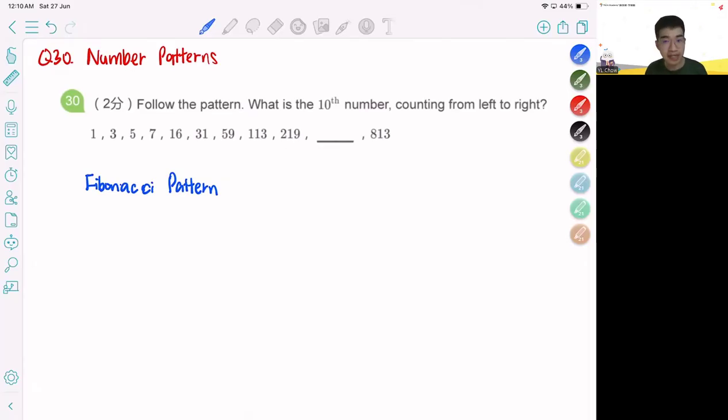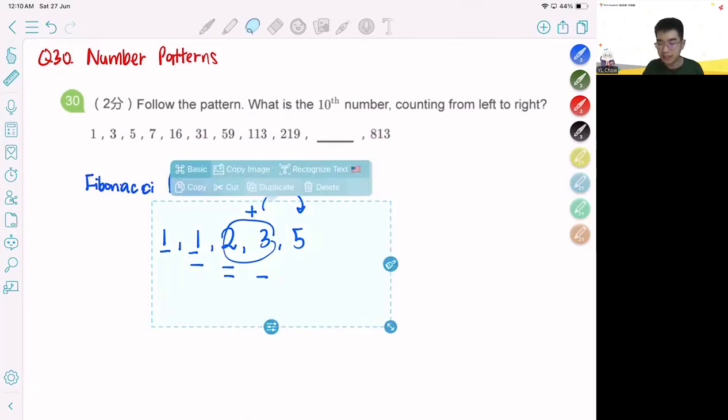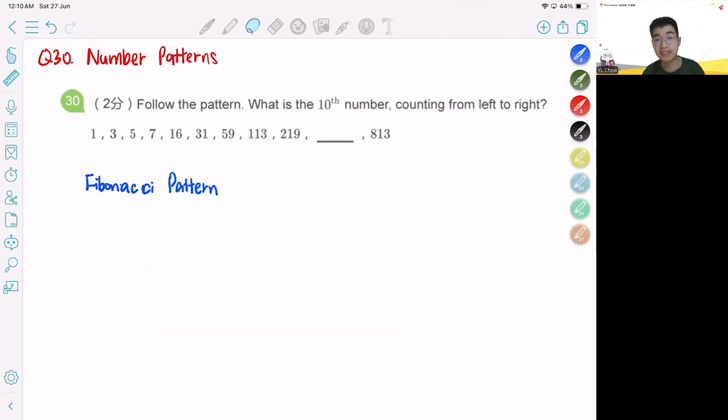So for example, a classic one starts from 1 and another 1. The next one will be 1 plus 1 equals 2. The next one will be 1 plus 2 equals 3. The next one will be 2 plus 3 equals 5, and so on and so forth. I'm taking the previous two terms and adding them together to get the next term. That is how a Fibonacci pattern works.